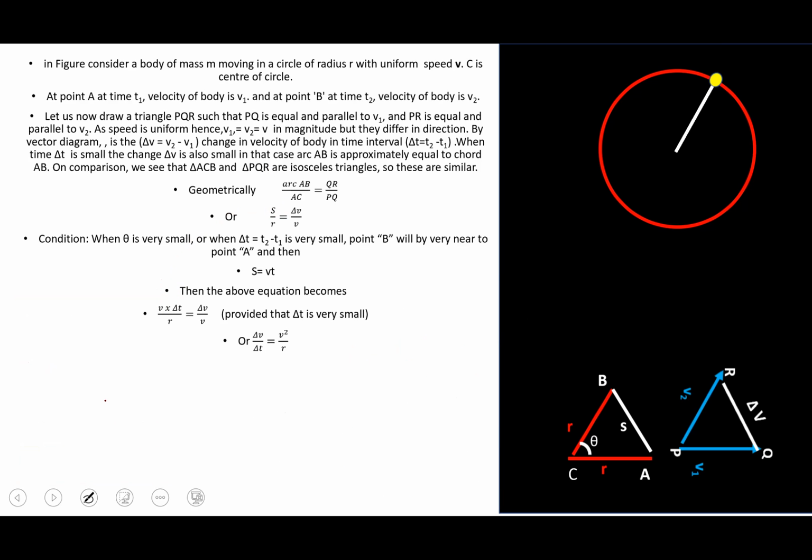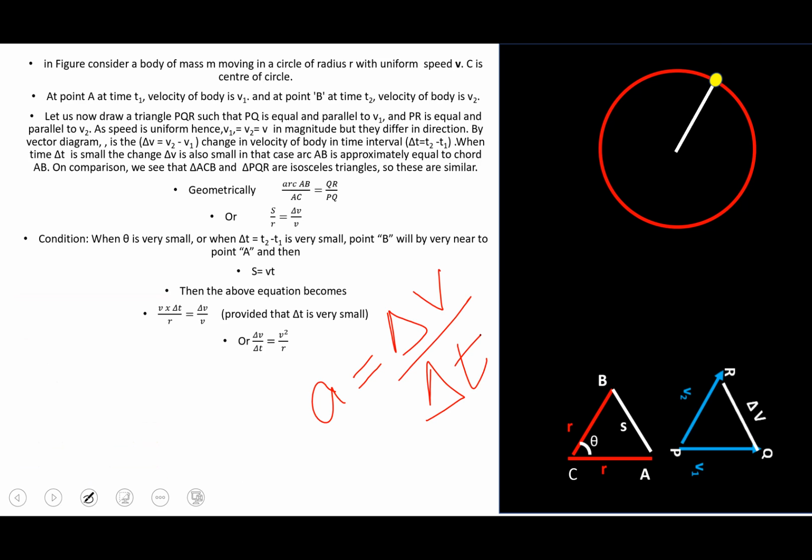And by the process of definition, we can say acceleration. If we remember, the definition of acceleration is that acceleration is equal to the rate of change of velocity, so delta V over delta t.